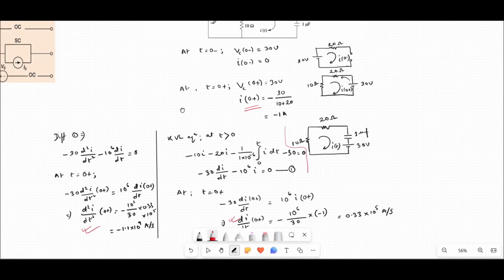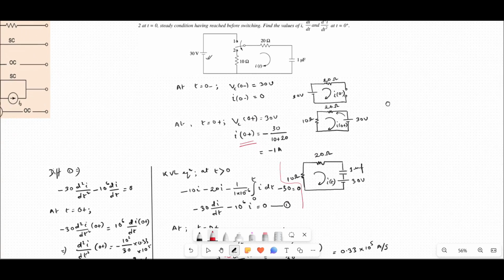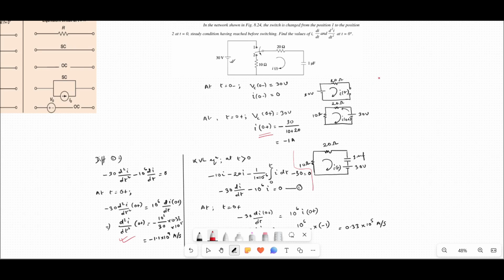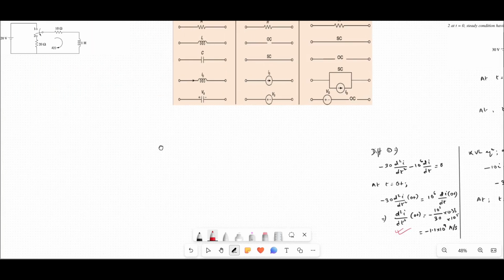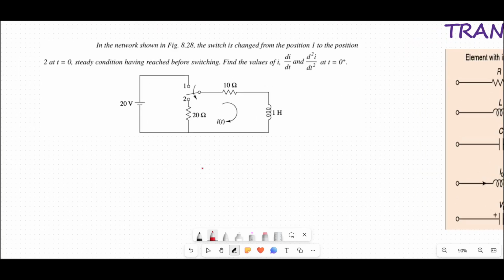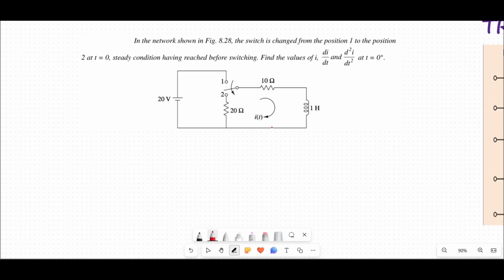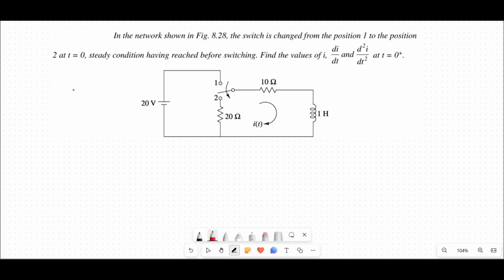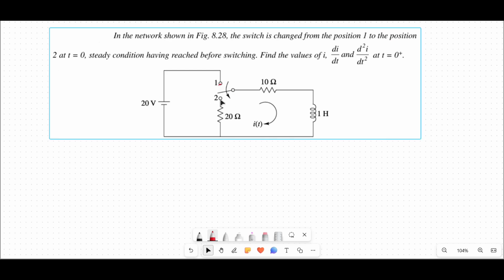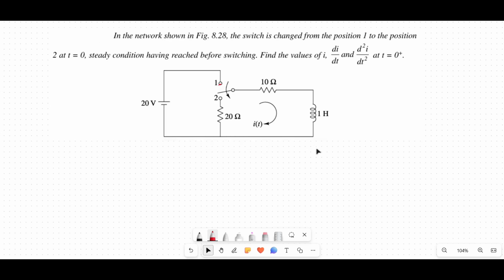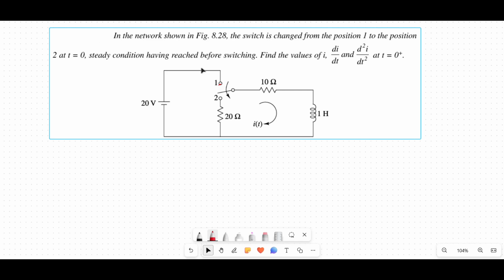So this is how we solve a numerical when the steady state is already achieved, right? In this numerical we have considered a capacitor. Now let's see what will happen if we have an inductor in the circuit. As you can see here, this example shows the same conditions: the switch is changed from position 1 to position 2, and the steady state has already been reached before switching.